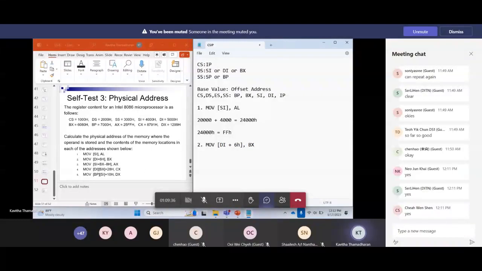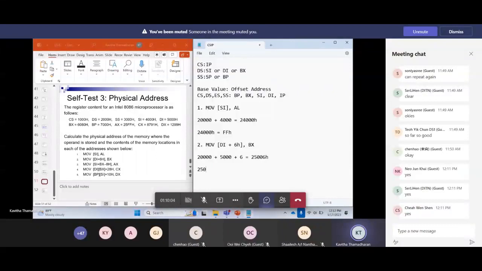So the value of DS is 2,000, times 10 will be 20,000, plus the value of DI, which is 5,000, plus 6. 6 is hexa, all right? So easy, the total will be 25,006 hexa.